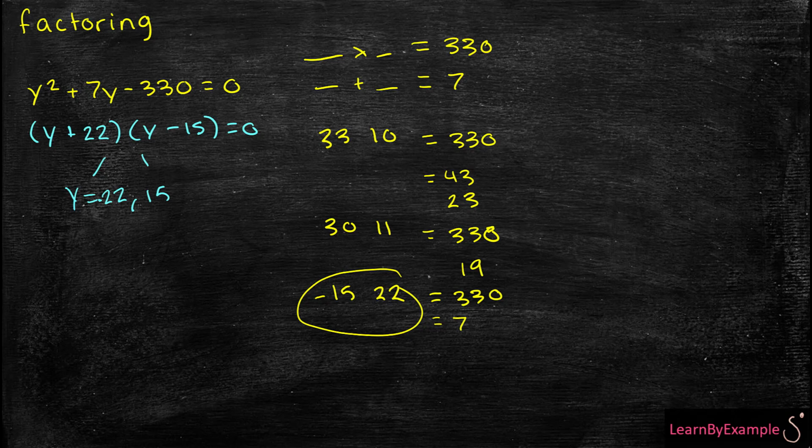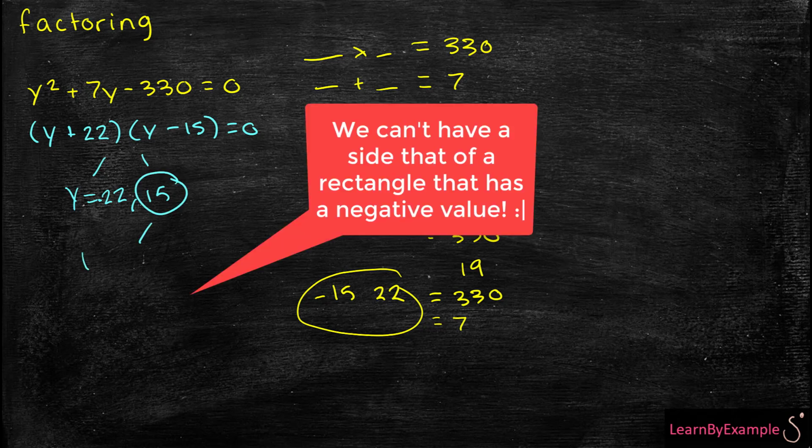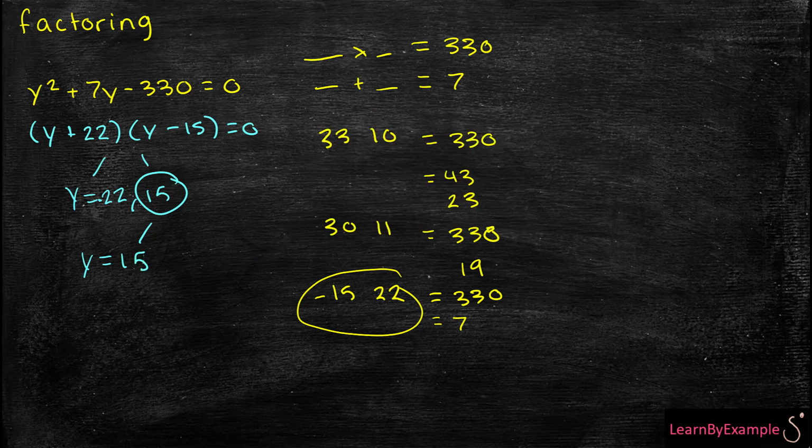Well, y has to be positive because it is a measurement, so our y is 15. To find x, you can sub this back into our equation from before. So x is equal to y plus 7, so x is equal to 15 plus 7, so x is equal to 22.